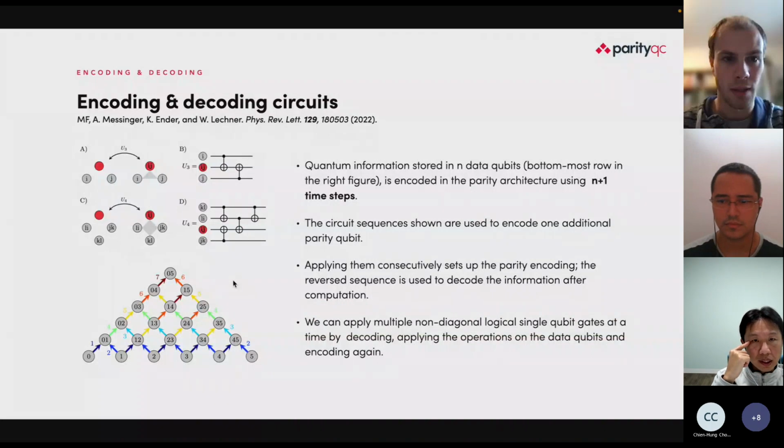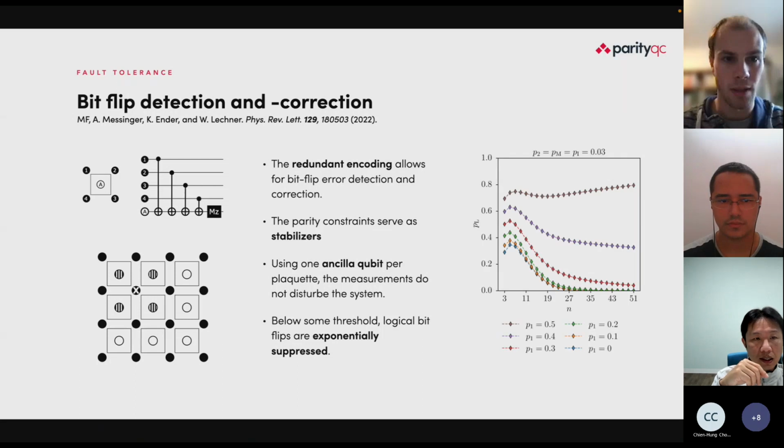My other question would be, you presented a scheme for bit flip errors, right? So basically, if you could perform a Hadamard, you could always convert a phase flip to a bit flip. Yes, of course I can put the Hadamard on all qubits, but then this Hadamard operation will not be error protected.